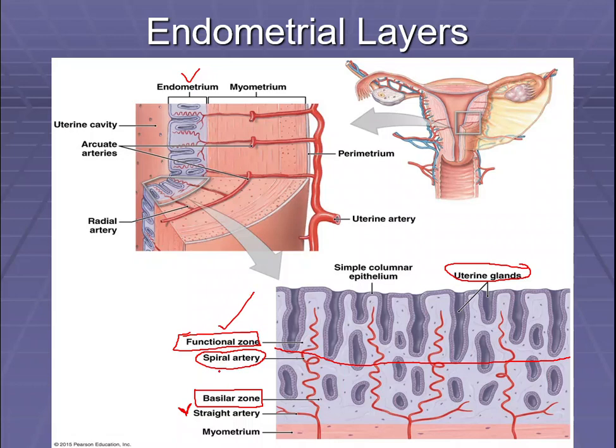Please remember that. Okay, so every month during the menstrual cycle, the functional zone usually thickens in size and eventually is shed off. Okay, it is sloughed off. And the basilar zone, under the influence of estrogen, will grow back the functional zone.